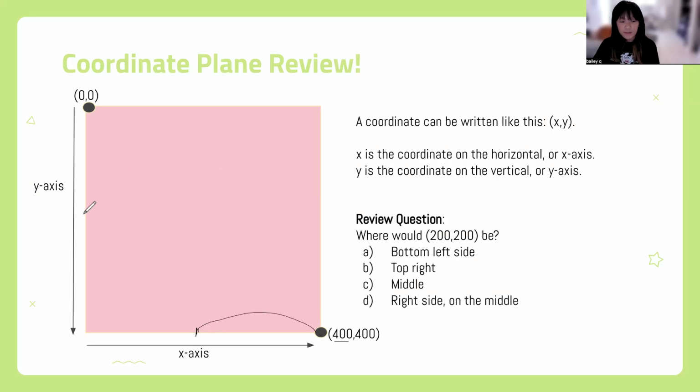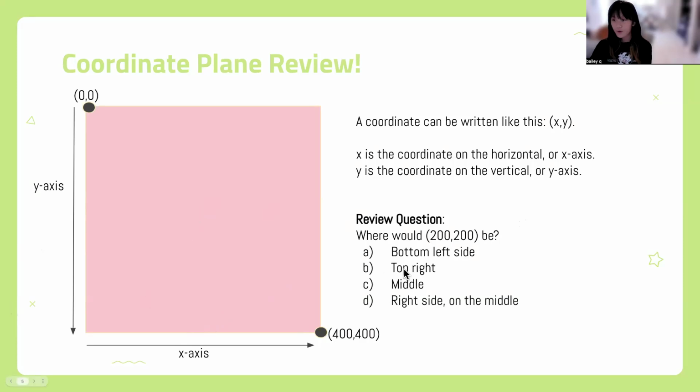And you can also say the same thing for the y-axis, where it would be halfway as well. So if we meet that point together, where 200 meets over here, they cross or intersect at the center. So 200, 200 as an x and y coordinate pair would be in the middle, right here, C. And you can apply this logic to any shape you make later on.